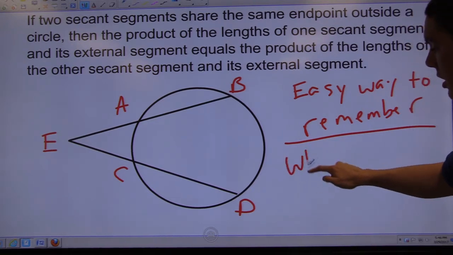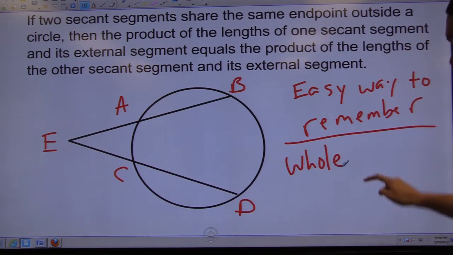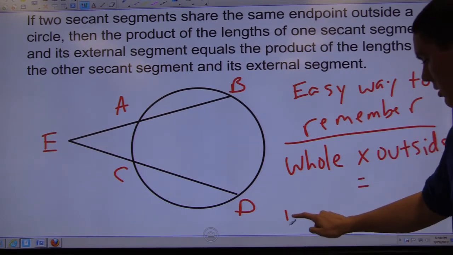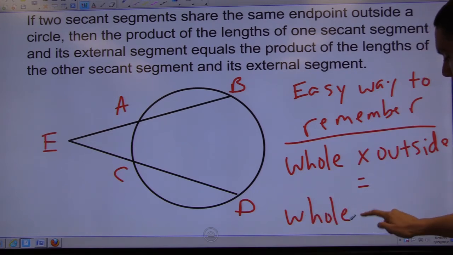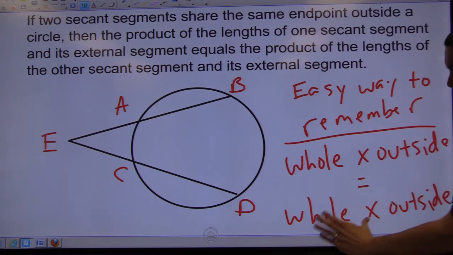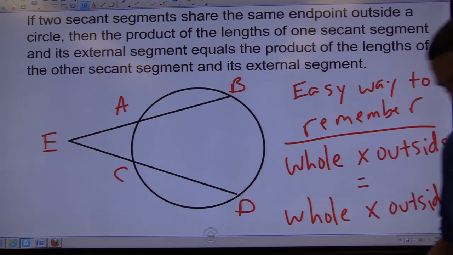It's going to be the whole secant segment times the outside part is equal to the whole secant segment times the outside part. So we're talking about the other secant segment in this case. The whole times the outside of the first secant is equal to the whole times the outside of the second.